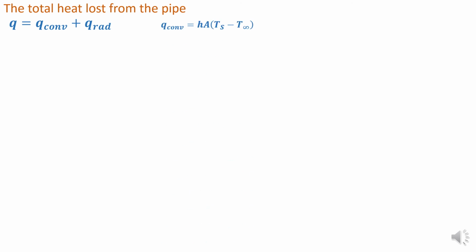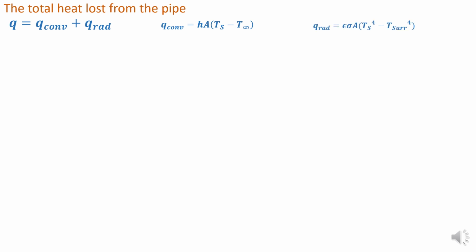The overall heat transfer from the pipe will be the sum of convective heat transfer and radiative heat transfer. Convective heat transfer will be given by Newton's law of cooling, and it is hA(Ts minus T infinity). h is the convection coefficient, A is the area perpendicular to the heat transfer, Ts is the surface temperature, and T infinity is the fluid temperature.